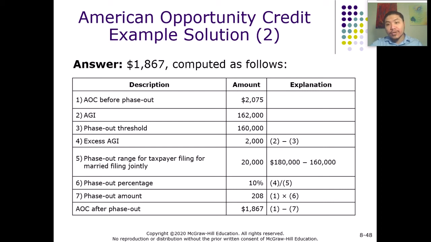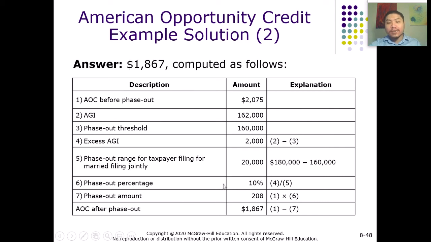The phase-out percentage, that's why it's called pro rata, is the $2,000 of excess AGI divided by the $20,000 range. That gives us 10%.